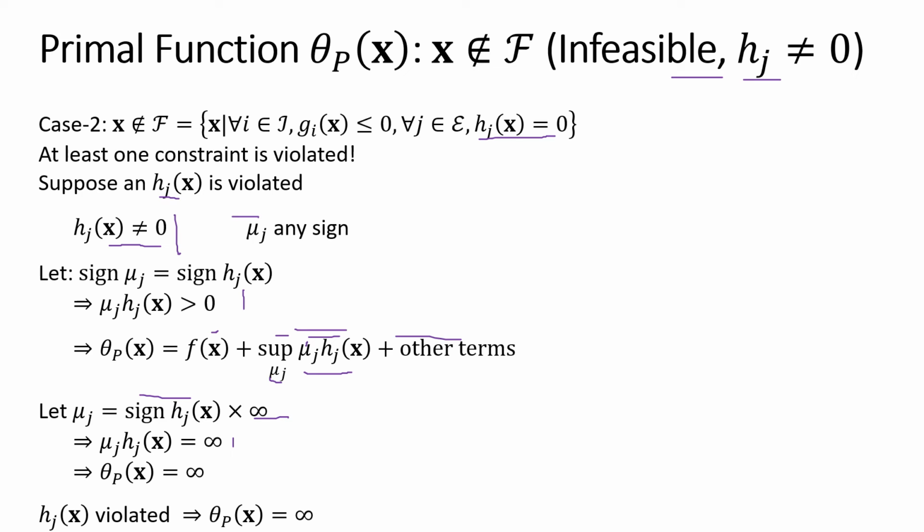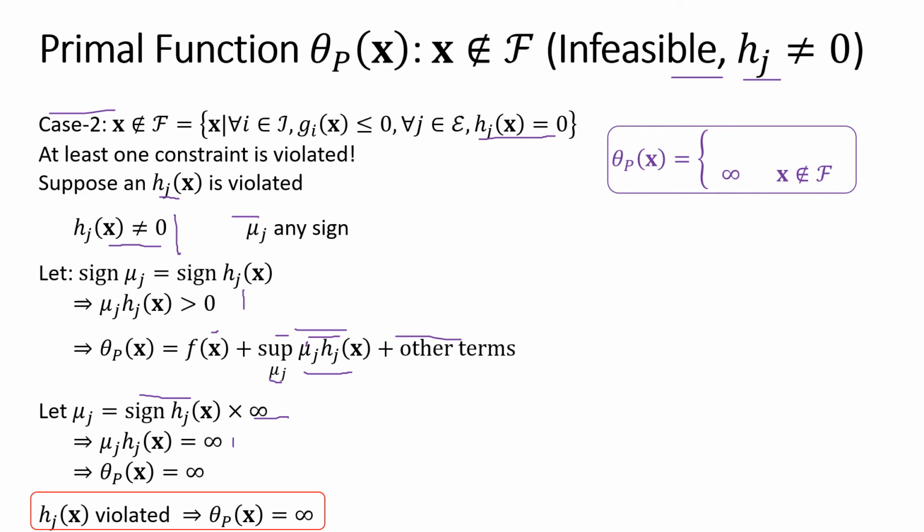Thus, we saw that when an equality constraint hj of x is violated, then the primal function theta p of x becomes equal to infinite. And this illustrates the second situation of our case 2 when x is infeasible. So theta p of x is infinite in this situation corresponding to case 2 as well.